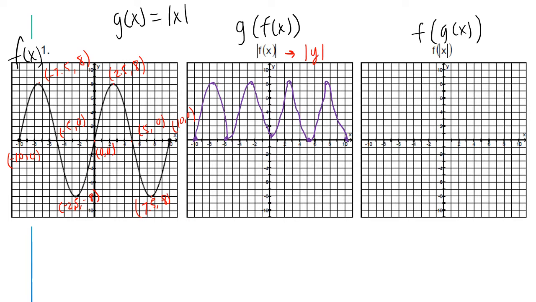Instead of negative 7.5, it's going to be positive 7.5. And that's what I'm taking the values of, okay? So absolute value, negative 10 is going to be a positive 10.